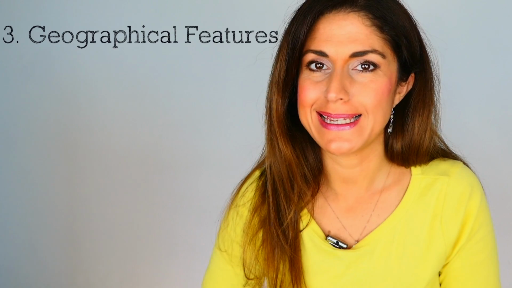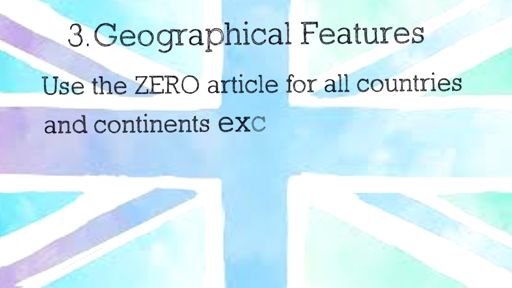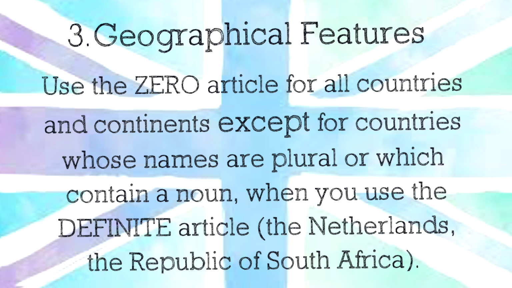Now, geographical features. Let's understand the differences here because it is a little bit confusing. We use the zero article for countries, right? All countries. Wrong. Whilst we would say England, zero article, Spain, zero article, France, zero article, we don't say the Spain, the England, the France.